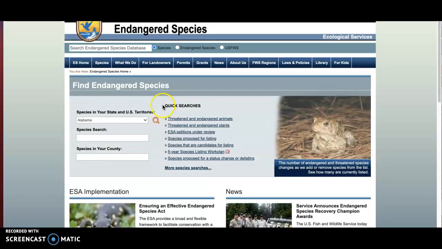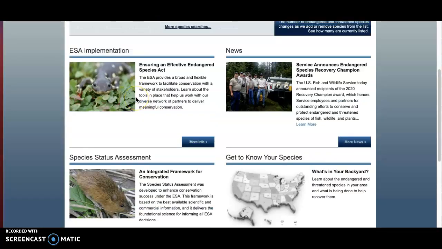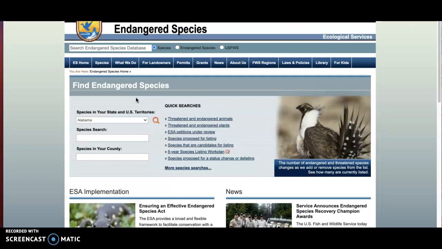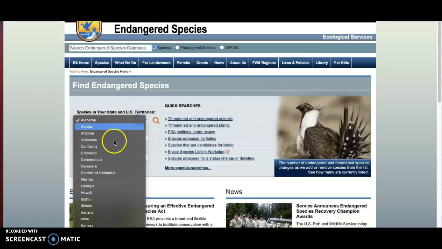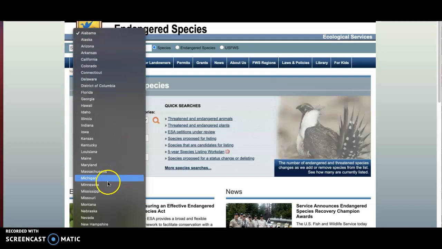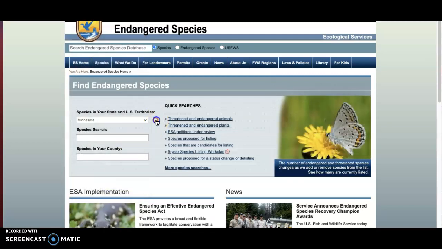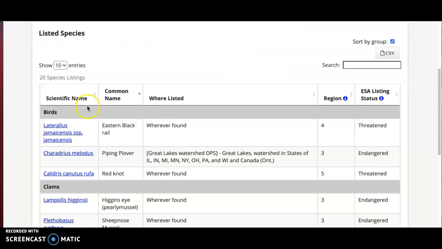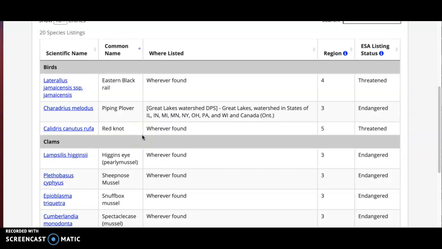Here's the other one. What I like about this one is this is more focusing on the U.S. And if you really want to look in, let's just say Minnesota, are there any that live there? You can see some of these that live in Minnesota. They also live other places.